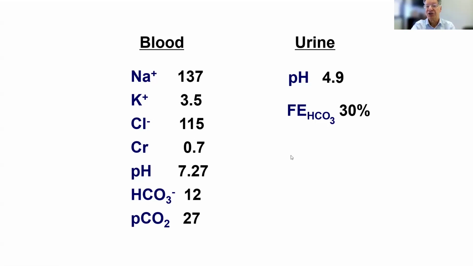The fractional excretion in these patients is very dependent on what the bicarbonate concentration is. And this fractional excretion was obtained when the patient was treated and the blood bicarbonate was returned to normal, which is appropriate. We'll talk about all those subtleties, but the fractional excretion can be any number, and the urine pH can be either high or low in patients with proximal RTA, depending on what phase of the disease you happen to see the patient with.